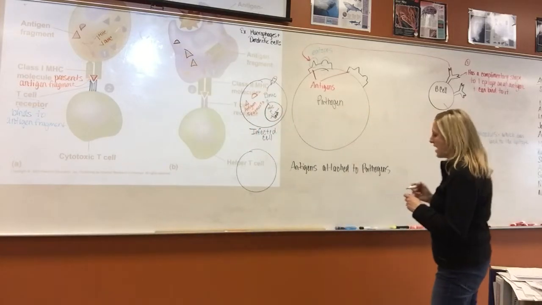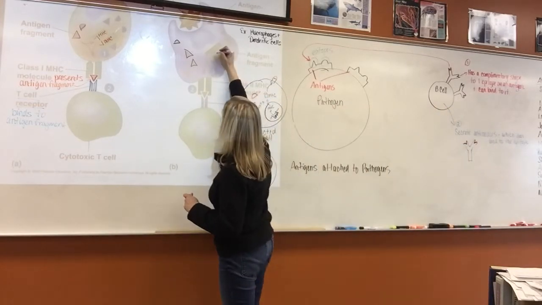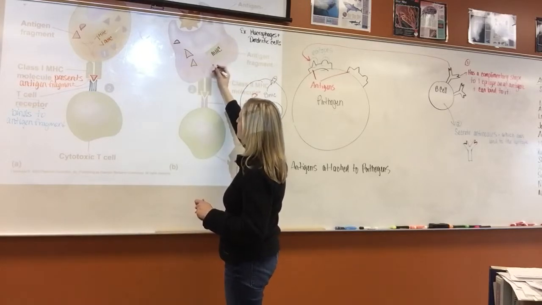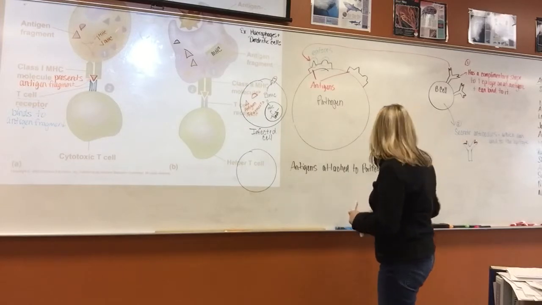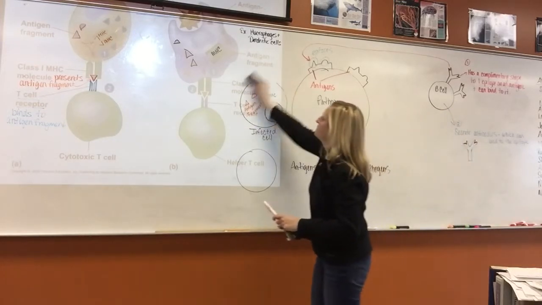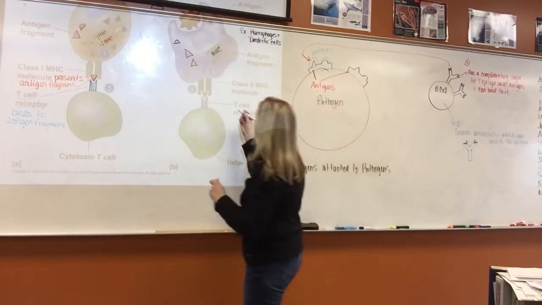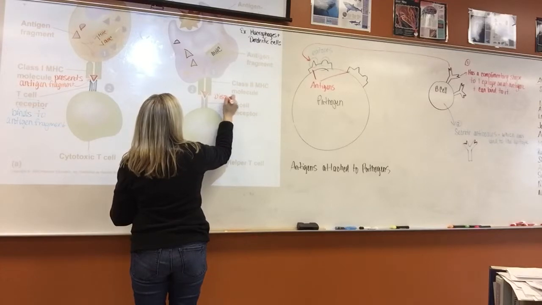That allows your MHC molecule to pick up those fragments and display them. So we have the same thing going on here that we do in the last picture. These guys are displaying the antigen.